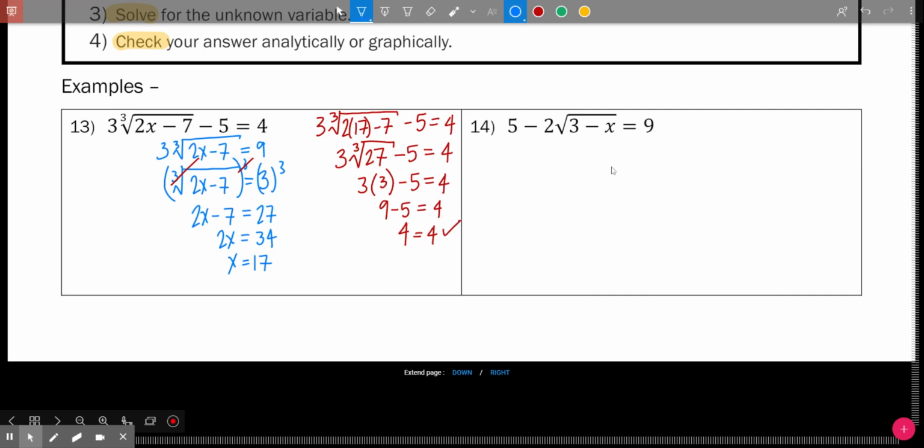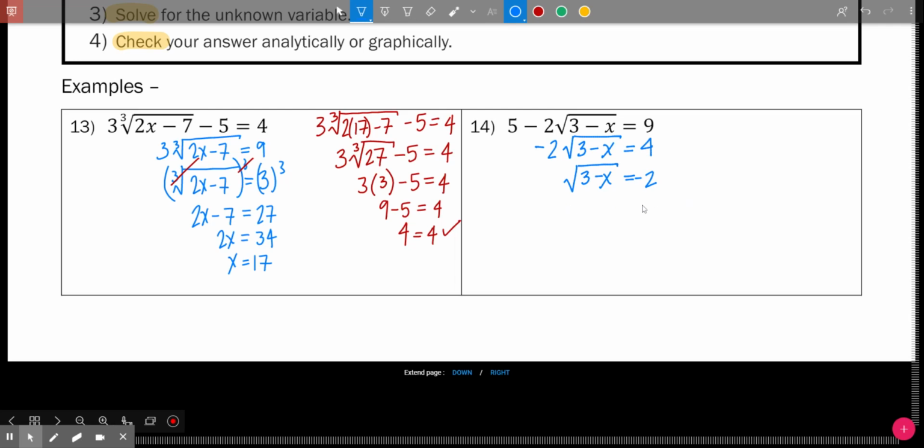In number 14, again, I'm going to isolate the radical. So I have negative 2 times the square root of 3 minus x equals 4. And I divide both sides by negative 2. And I have the square root of 3 minus x equals negative 2.